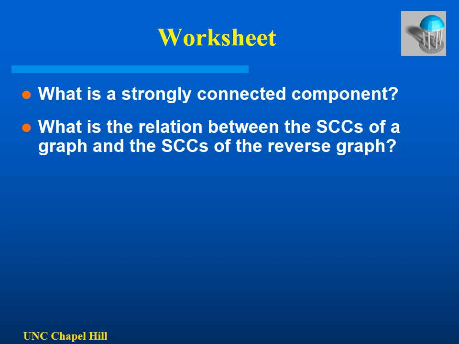I've completed the substance of this lecture on how to compute strongly connected components of a directed graph.